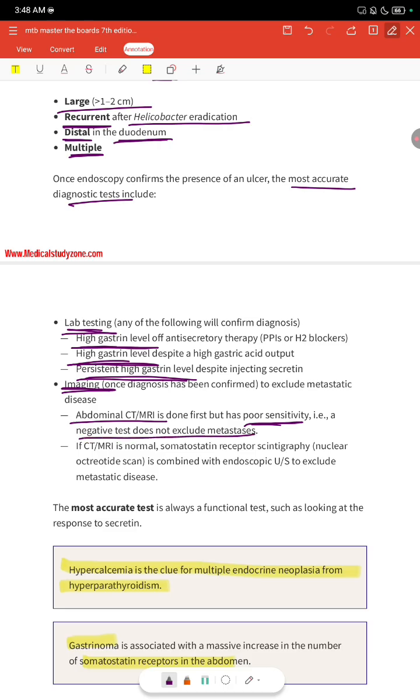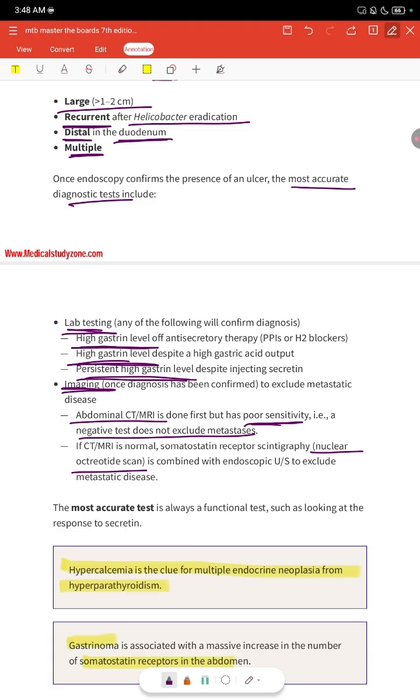If CT or MRI is normal, somatostatin receptor scintigraphy, which is a nuclear octreotide scan, is combined with endoscopic ultrasound to exclude metastatic disease.